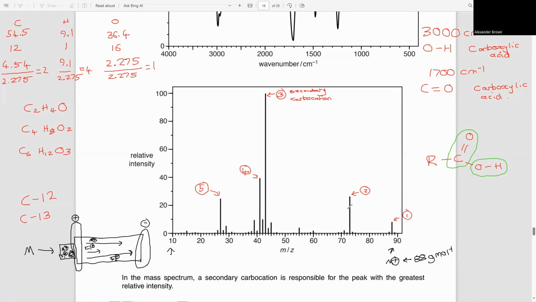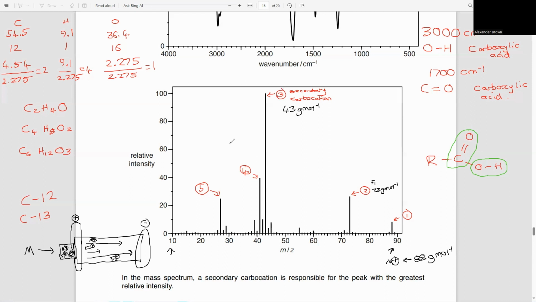Now, peak 2 is a fragment, and we'll call this F1. It has a mass of 73 grams per mole. Peak 3 has a mass of 43 grams per mole.